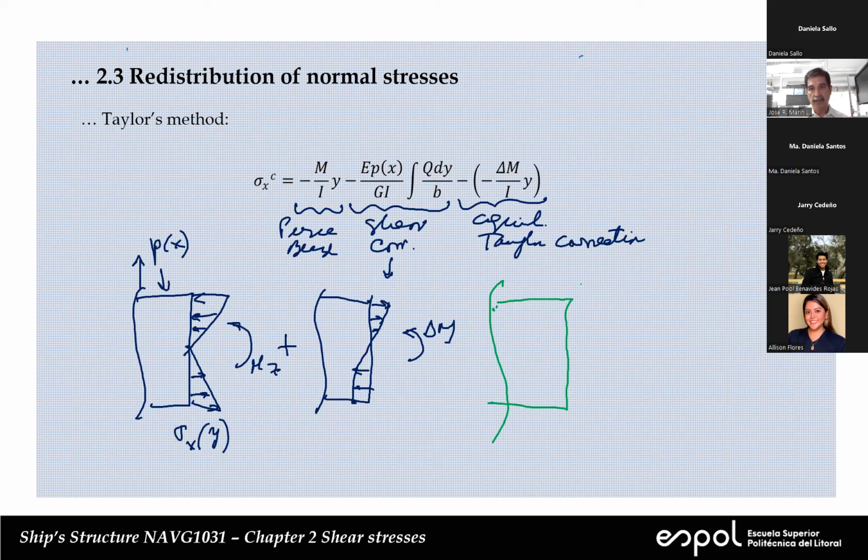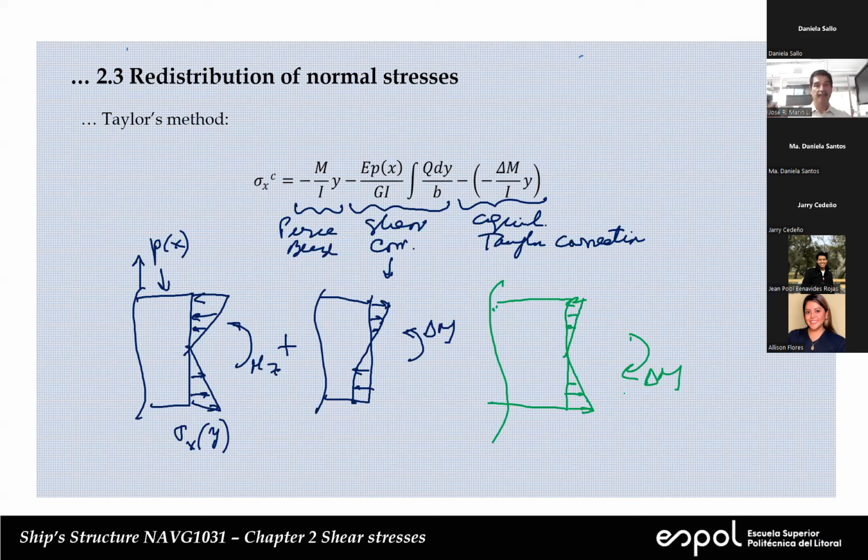So he proposed a linear distribution, but with opposite signs. It's going to be like this, and here like this. If you integrate this, you obtain this delta M.